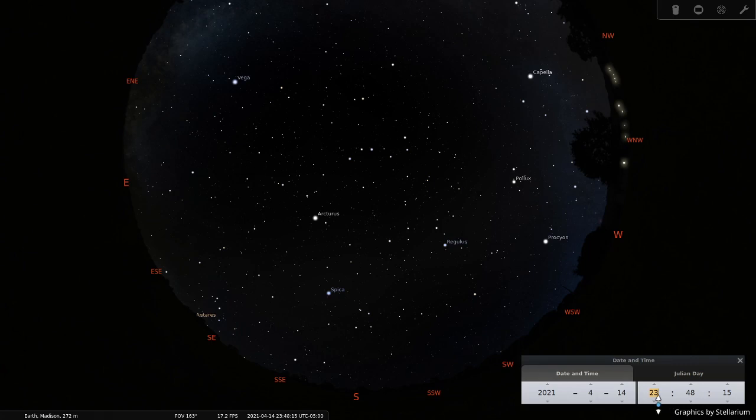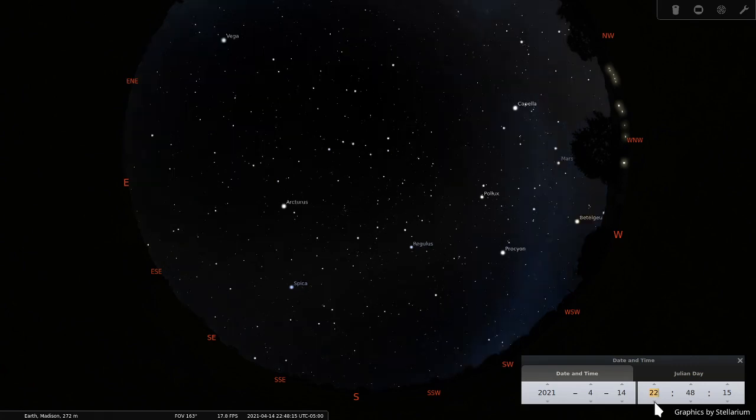So sometime during this period of time, the exact period of time will vary on exactly what day you go out, but here in the middle of April, somewhere between 11 and midnight, the Milky Way will be as low, as close to the horizon as it can be. Now we live too far north for it to actually lie along the horizon. So there's always a little bit of Milky Way visible, usually up here in the northern part of the sky.